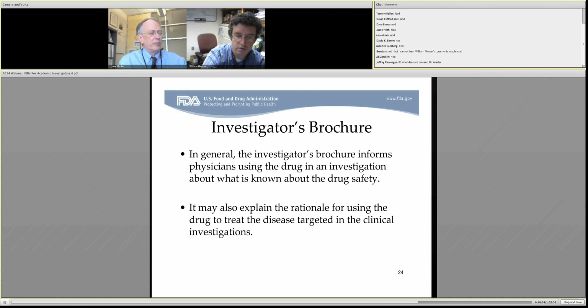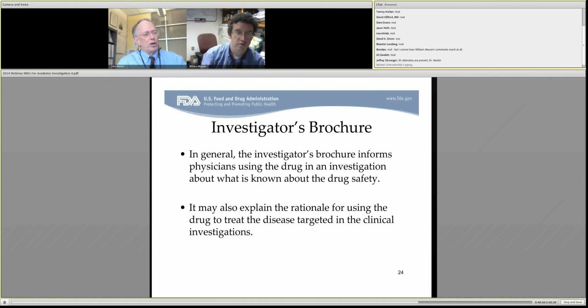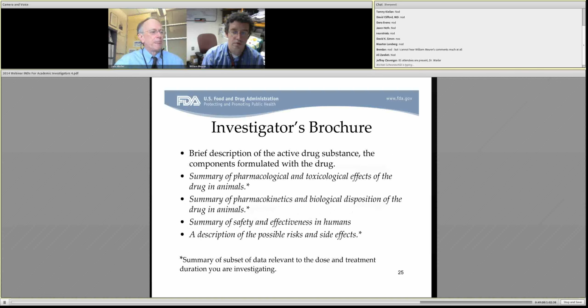It can be part of the brochure, but go on and explain particular circumstances that they might encounter because of the higher dose you're using or because of the different indication and how to respond to that, so you get uniformity across multiple sites. There is some flexibility there for smaller studies and single center studies.